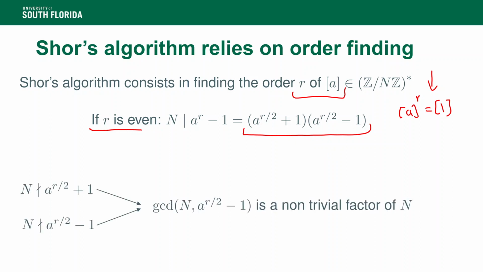And then what we hope, again, something whose probability we'll need to assess, is that if those identities hold true, then the GCD of n and a to the r over 2 minus 1, or plus 1 if you prefer, will always generate a non-trivial factor of n.